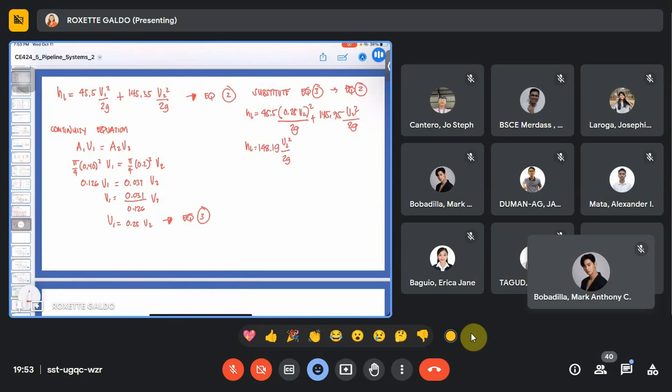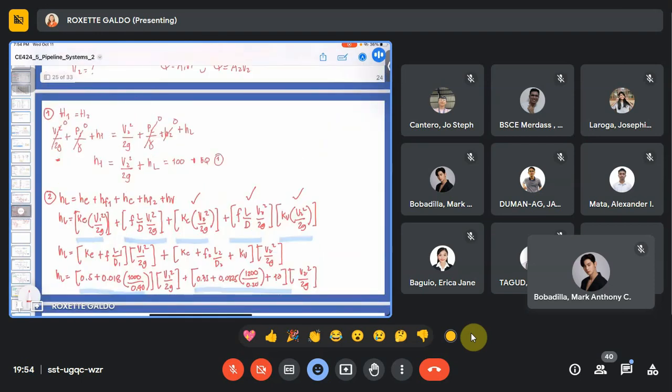HL is unknown, and V2 is also unknown. So let us call this equation 4. Now recall equation 1.